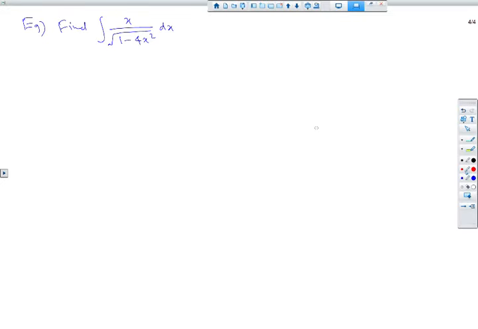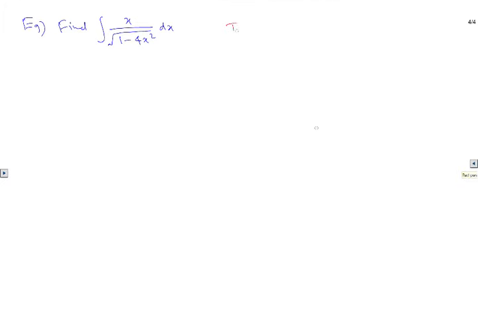What's the test? Test the inside function and the derivative. Do you see both the inside function and its derivative? If you see those two, then you can use the substitution method.